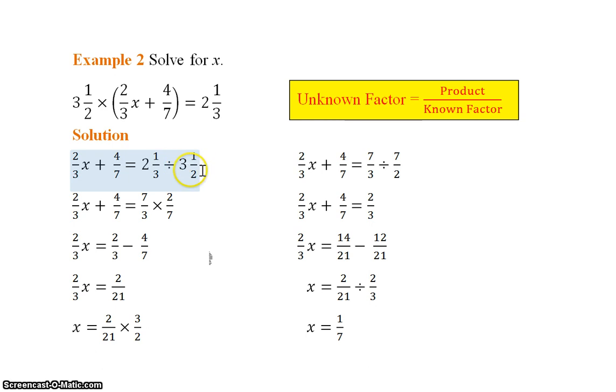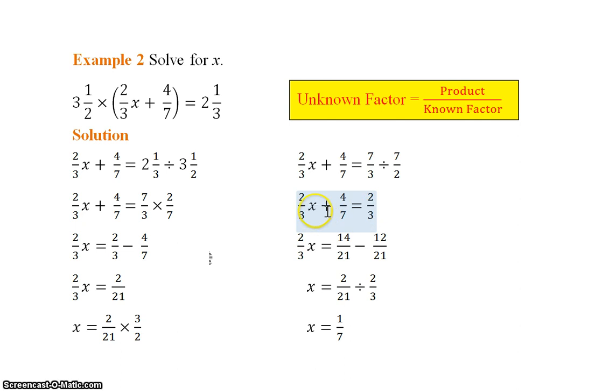Similarly, 3.5 is 7/2, because 3 times 2 is 6, plus 1 is 7. And to divide by a fraction, we multiply by the reciprocal. Now the right side of the equation simplifies, because we can reduce by 7. The numerator of the first fraction we can cross out with the denominator of the second fraction. And the result would be 2/3.